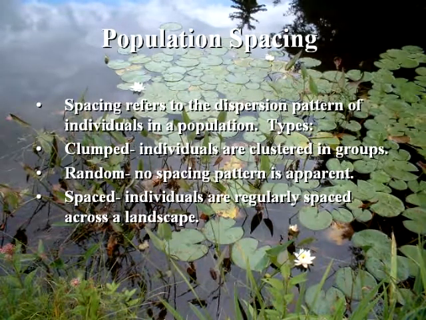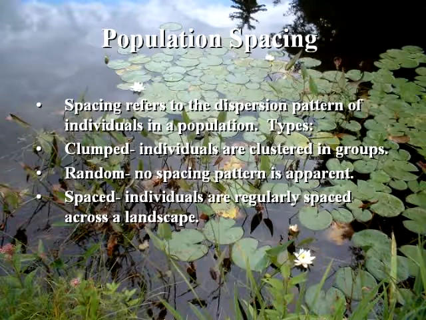The water lilies and pickerel weeds are illustrating a clumped distribution, where you have clusters of individuals of a species in some spots and fewer or none in other spots. An alternative would be random distribution, where there is no apparent spacing pattern.